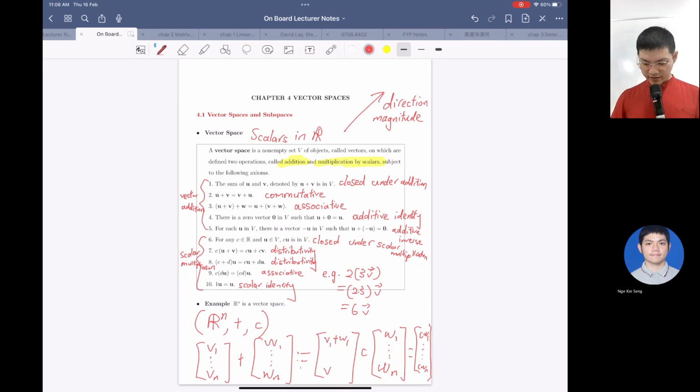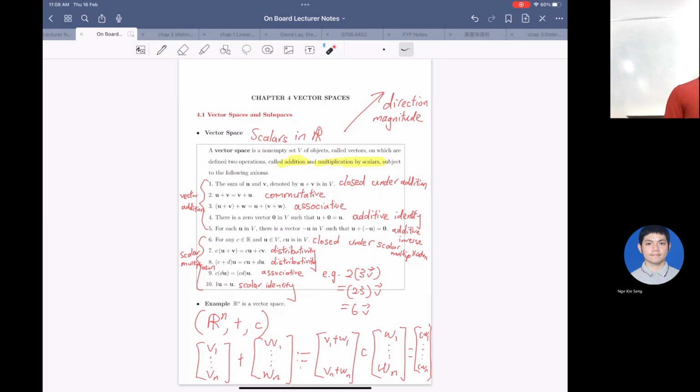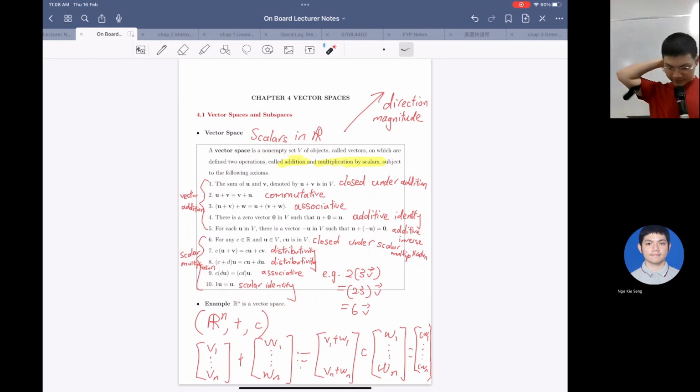Just recall what we did. So Rn is a vector space, and you can check that all these properties are satisfied as well, because Rn is just n copies of R, and R satisfies this condition.